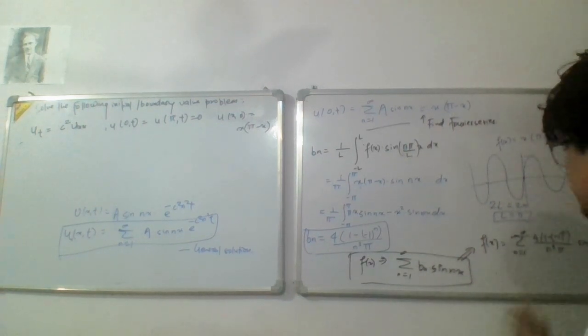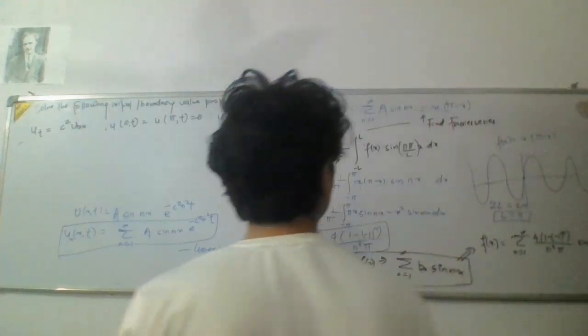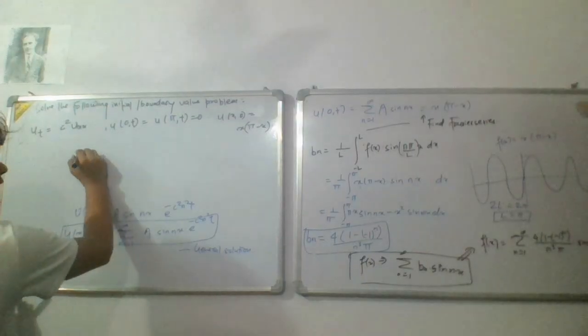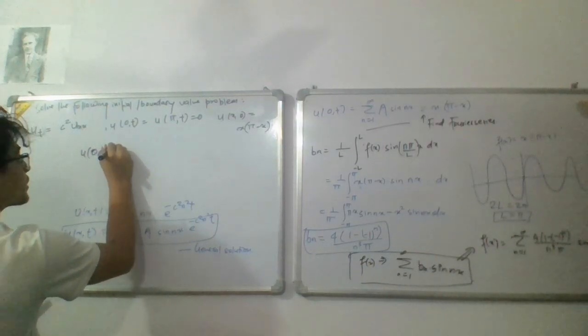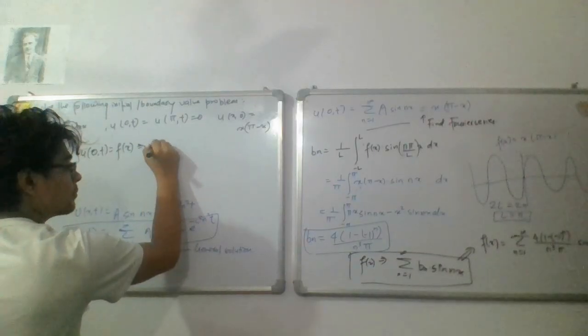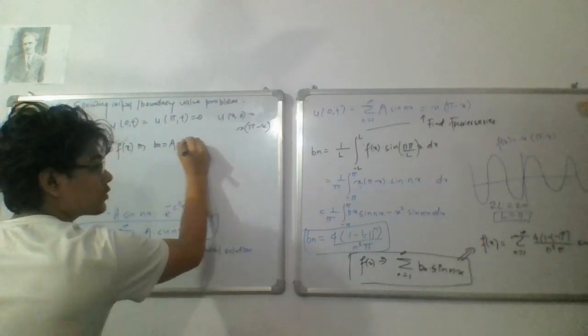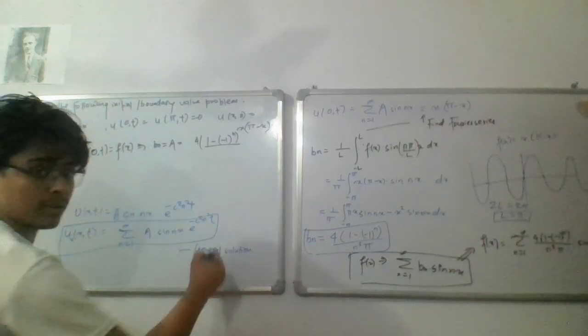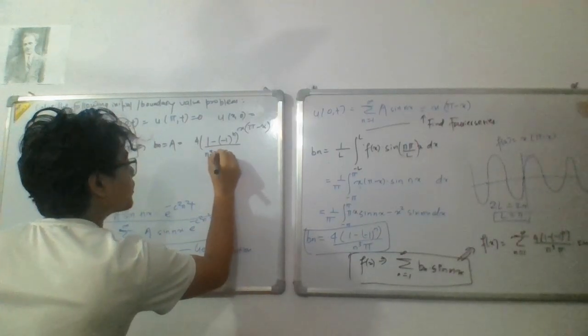It doesn't matter if you can't see up to here, I'm going to write it down there too. So if you compare this f of x and this u(x,0), if you say u(x,0) equals f of x, then it implies that bn equals a equals 4(1 minus minus 1 to the power n) by n cubed pi.